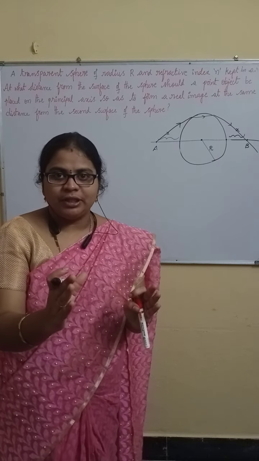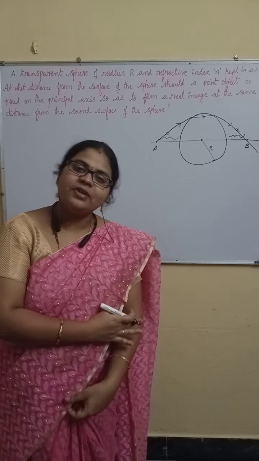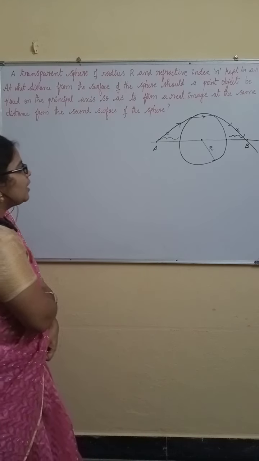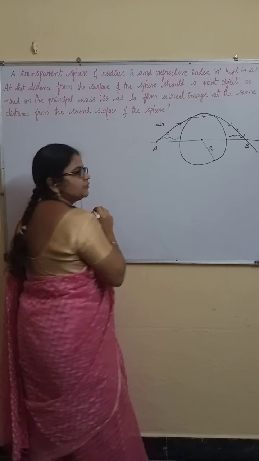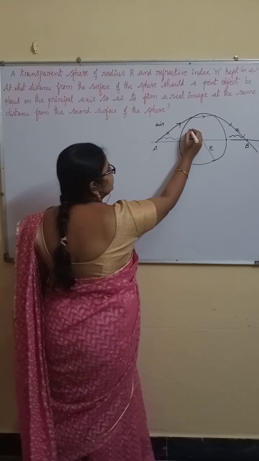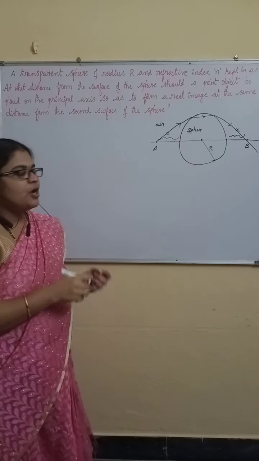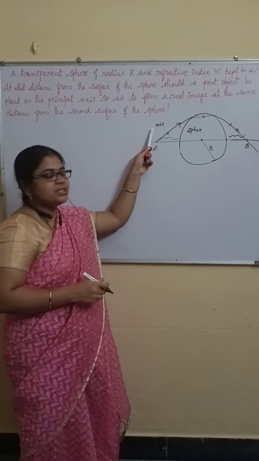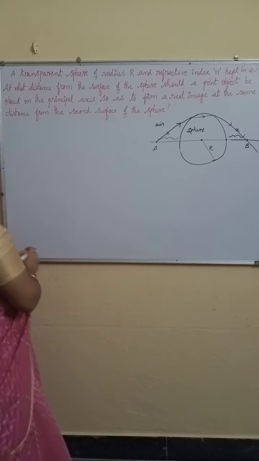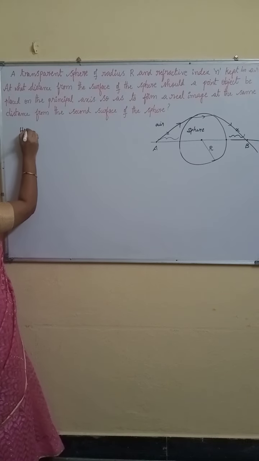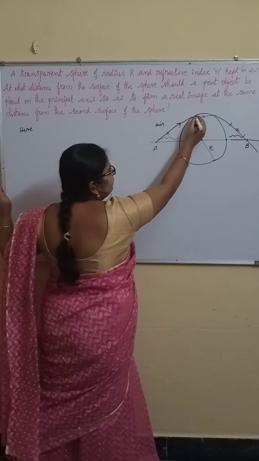Drawing is very important. To understand the problem, first we should draw the diagram, then we will understand. So here, the light ray is coming from air. This is the sphere. The first medium is air, the second medium is the sphere. First I am talking about the first case.